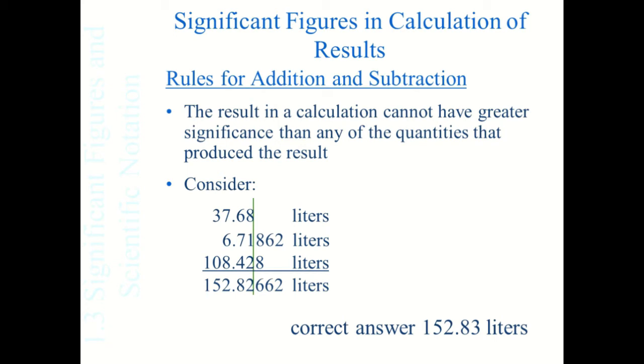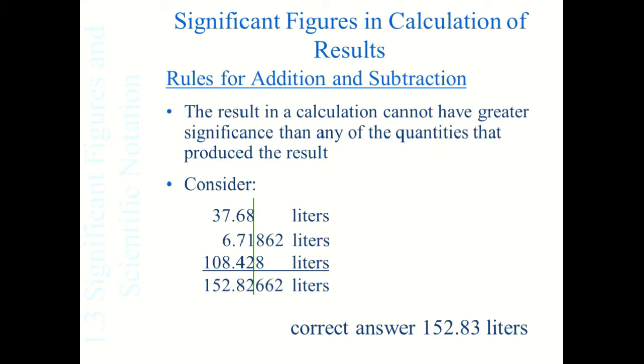All I do is I find the decimal point of all the numbers I'm adding or subtracting. I line up the decimal point. I go to the place after, or it could be before the decimal point perhaps, okay, where the least significant digits are after the decimal, and I cut everything else off.